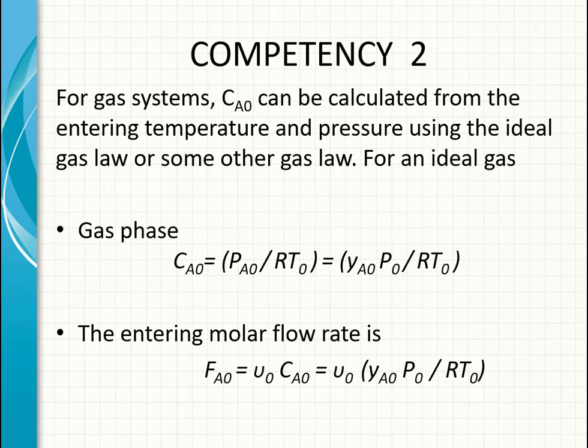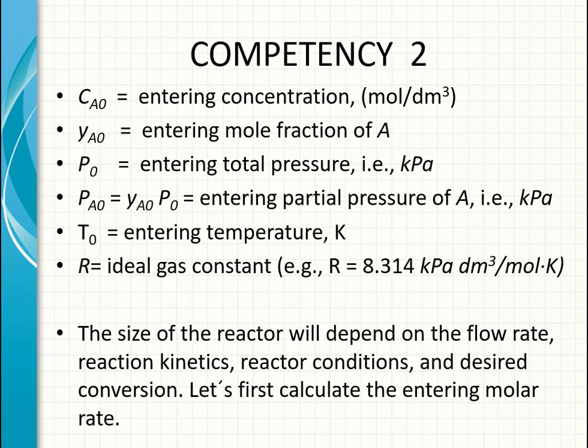And the molar flow rate is Fa0 equal to v0 times Ca0, but Ca0 is the expression that we just saw. So Fa0 will be v0, the volumetric flow rate, times Ya0 P0 divided by R T0. Here, Ca0 is equal to the entering concentration in moles per liter.